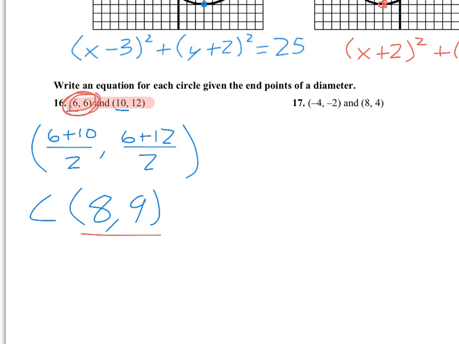So I'm going to use 6, 6 and 8, 9 to find the radius. So the radius is going to equal radical, and then I have to subtract the x's, so I'm going to do 8 minus 6 squared plus 9 minus 6 squared.